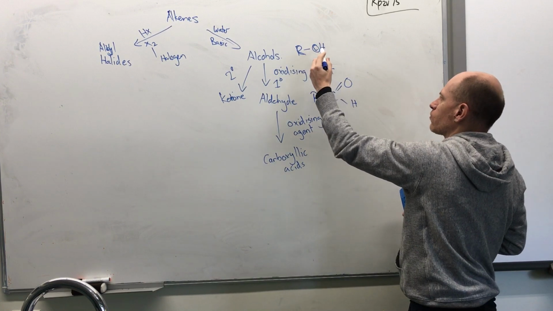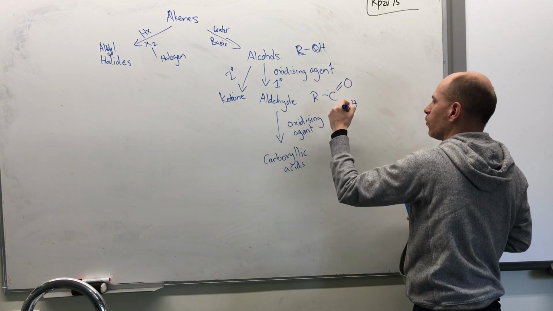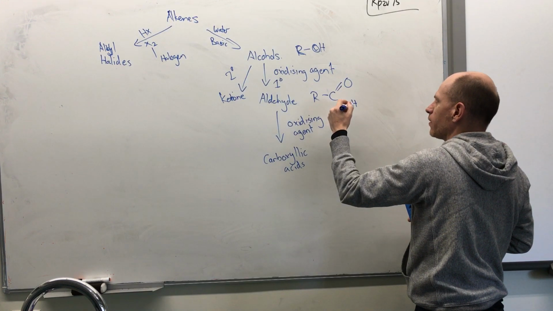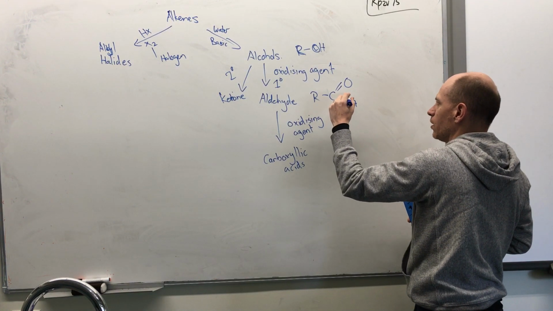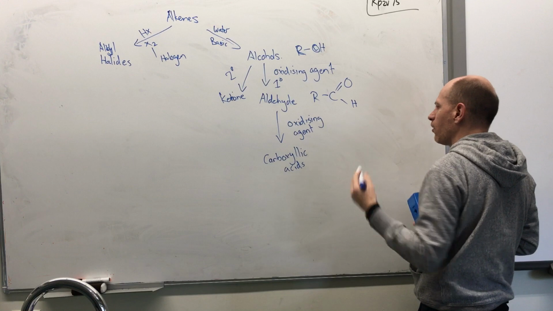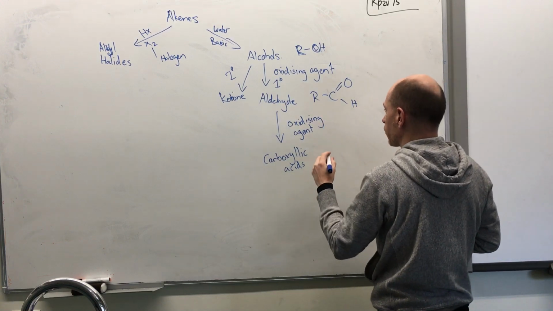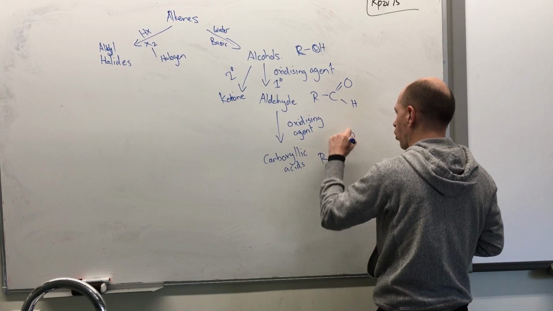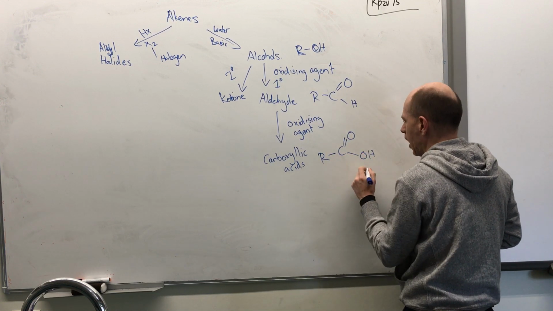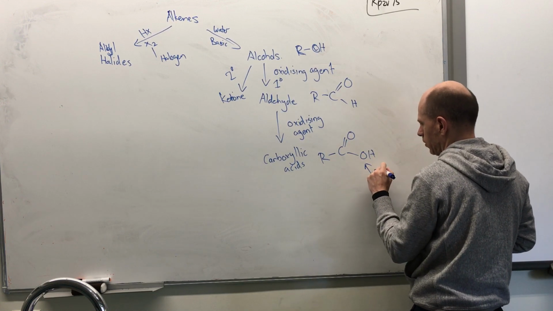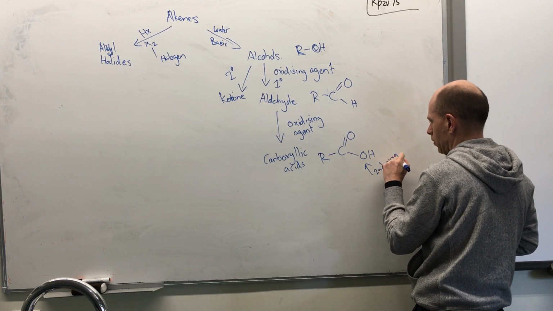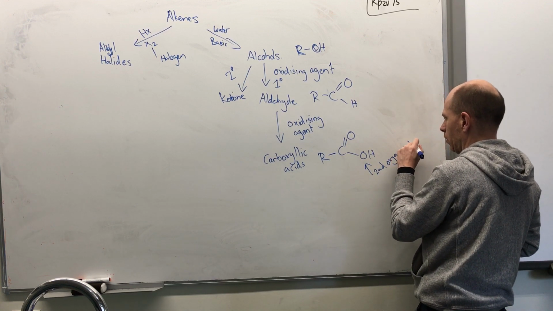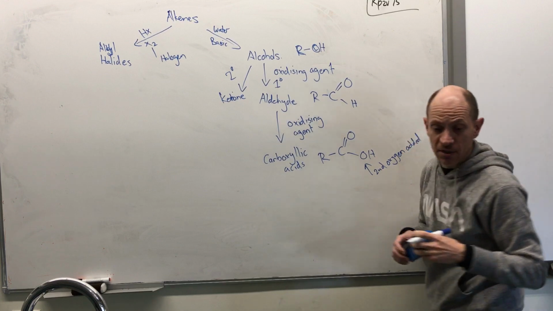The hydrogen is removed and a double bond is formed. And then the second level of oxidation adds another oxygen, and that forms our carboxylic acid.